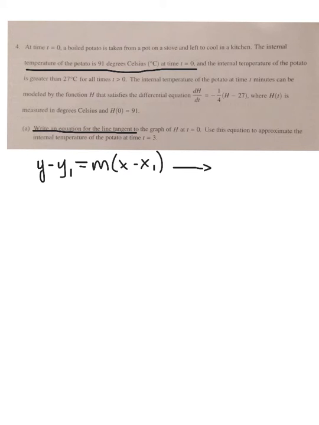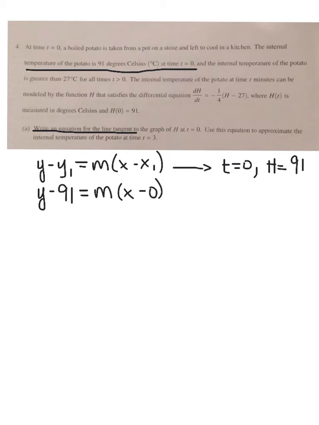Well, they told you at t equals 0, the temperature, which would stand for H, right, is 91. So we can say y minus 91 equals m times x minus 0. I'm going to put the 0 there.